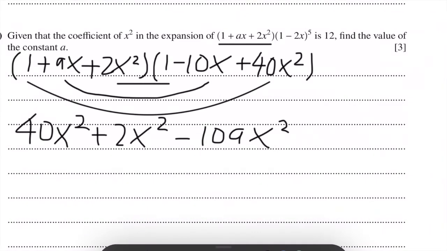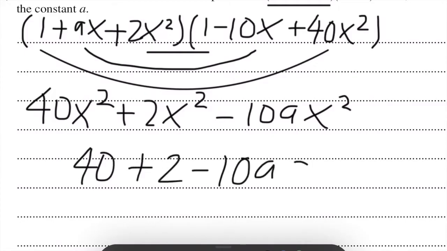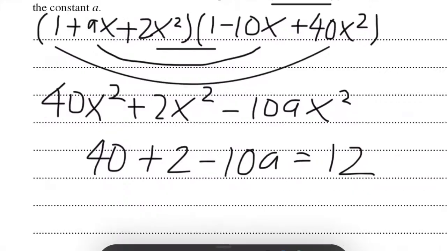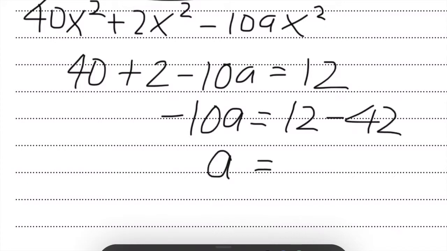Since you know that the coefficient is 12, we will go ahead and erase all the x squared and equate them to 12. You will get 12 minus 42. So a will be negative 30 divided by negative 10, which is 3.